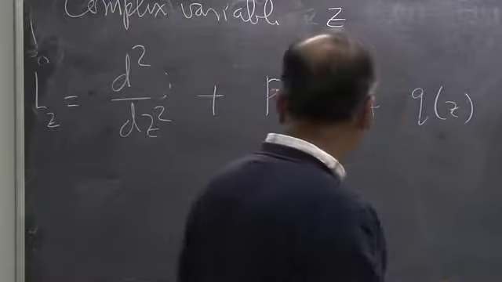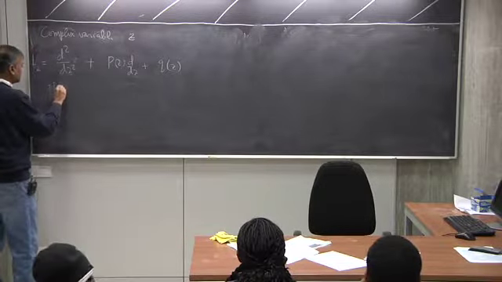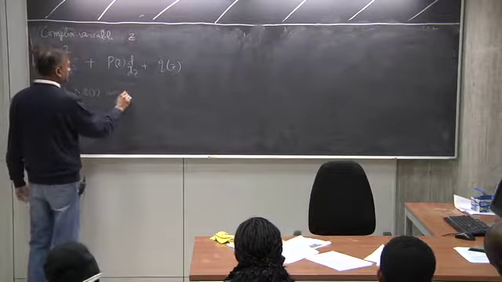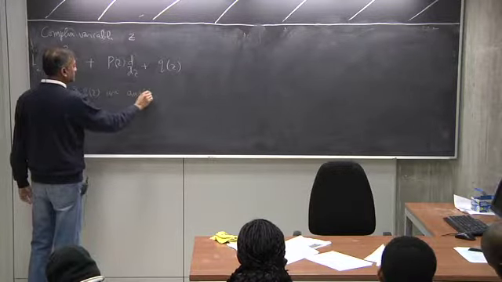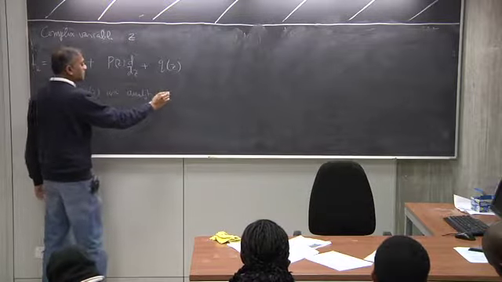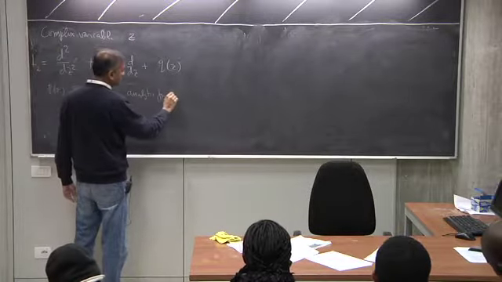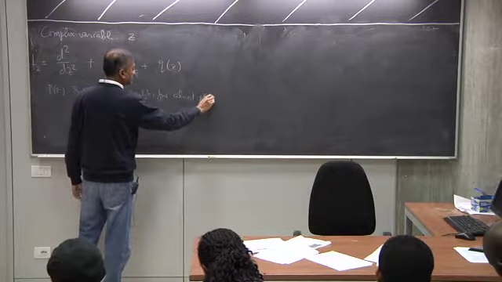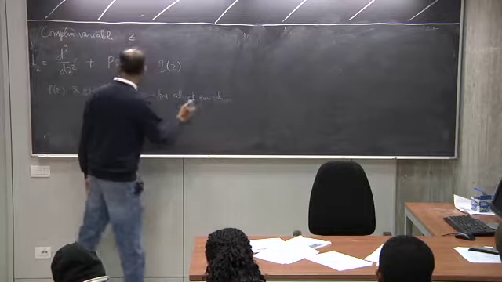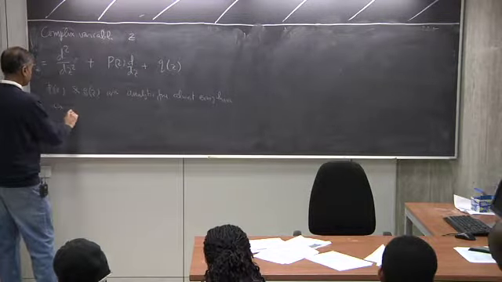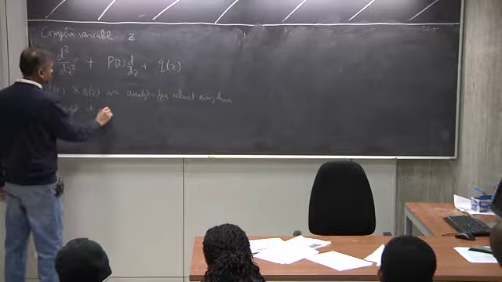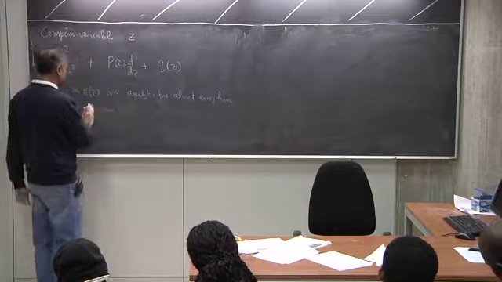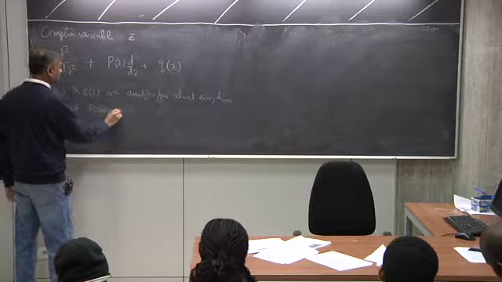We'll only consider situations where p and q are analytic functions everywhere except at some isolated points, except poles at some isolated points.